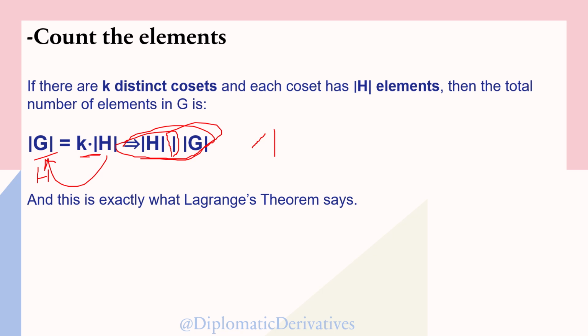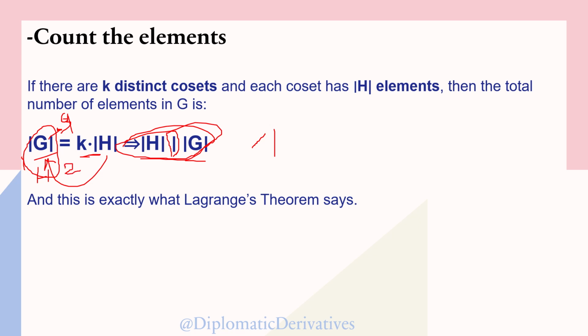Now, if you want an example to make it much more clear, we will see one on the next page also, but I will make you understand it slightly here. This is the basic statement: k is equal to order of G divided by order of H. Let's suppose the order of G is 4 and the order of H is 2, which is a subgroup.